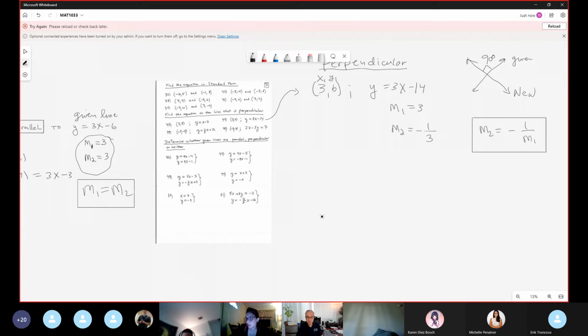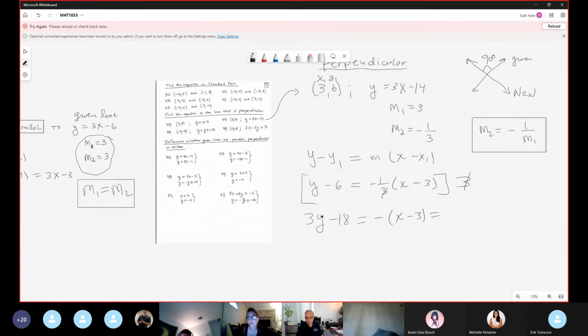Okay, now ready. Our famous formula: y minus y1 is equal to slope times x minus x1. y minus 6 is equal to negative 1/3 times x minus 3. Now, no distributing yet. I want to eliminate the fraction. Multiply the whole equation by 3. 3y minus 18 is equal to negative 1 times x minus 3. Because negative 1/3 multiplied by 3 cancels, I stay only with negative 1.